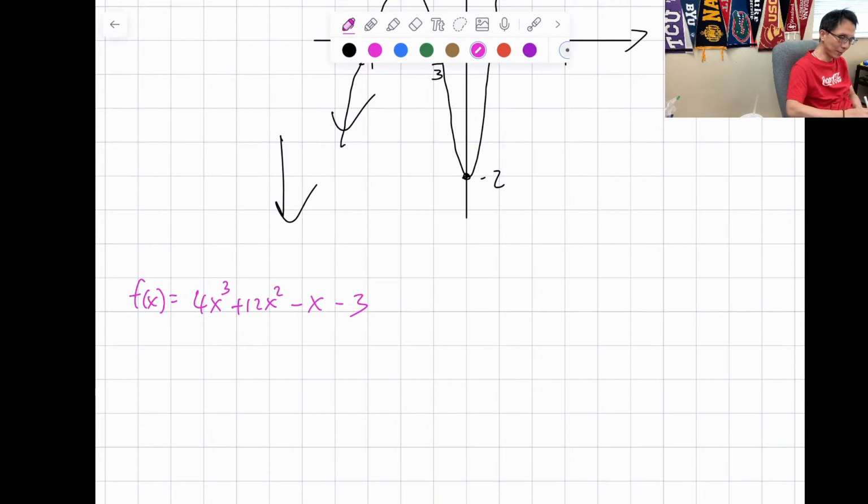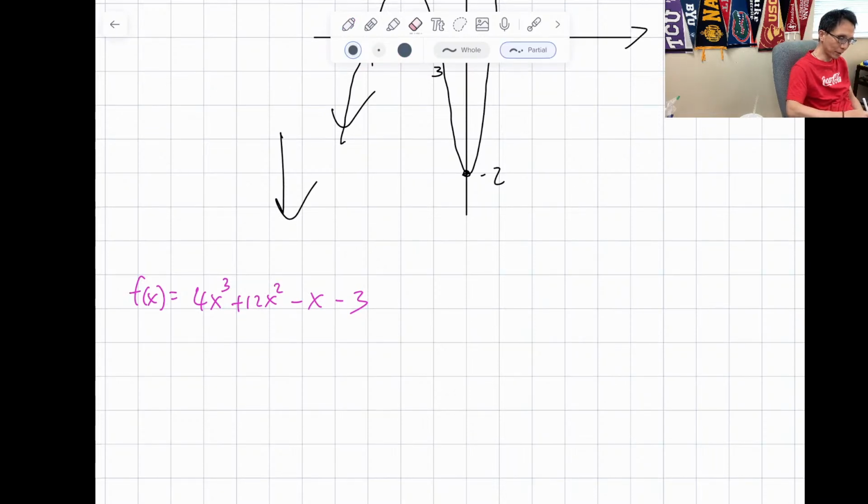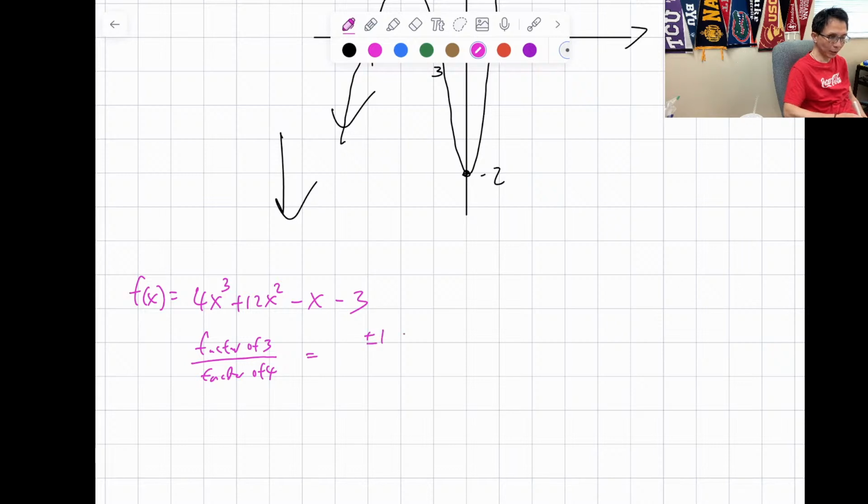So I'm gonna write down a possible 0 first. It's gonna be factor of 3 over factor of 4, right? Is that okay? That's gonna be plus minus 1 and plus minus 3. And there's a plus minus 1, plus minus 2, plus minus 4. So obviously, you should get plus minus 1 and plus minus 3.